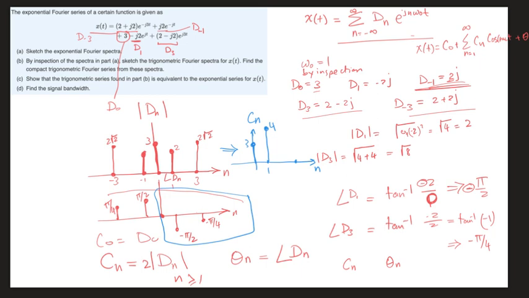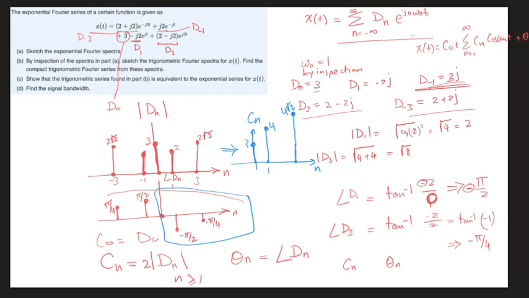And at 3, the value was 2 root 2, it's going to be 4 root 2, so slightly higher. These are your Cn's, just the positive part, including the 0, of the magnitude of Dn. But don't forget that all the terms here are multiplied by 2, as we see from the relation, except the DC term, which stays as it is.